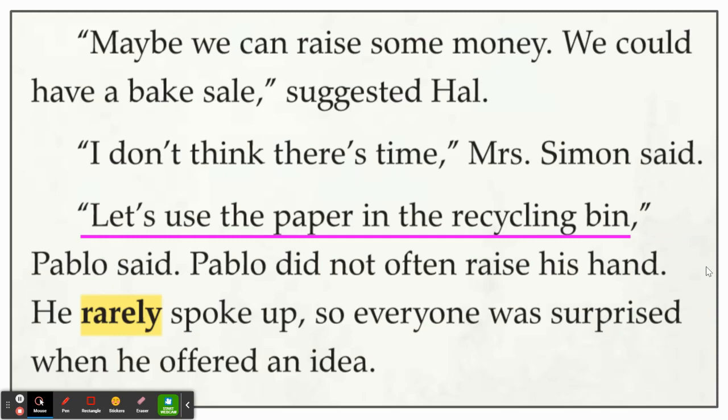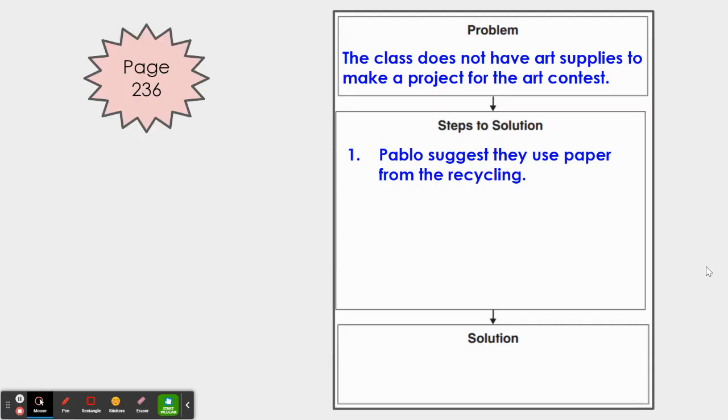He is trying to solve the problem of having no materials by using recyclable goods. So the first step in our solution is that Pablo suggests they use paper from the recycling. I would like you to number this sentence number 1 because there will be another step.